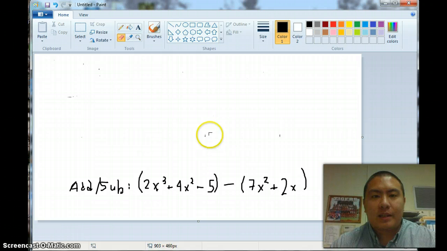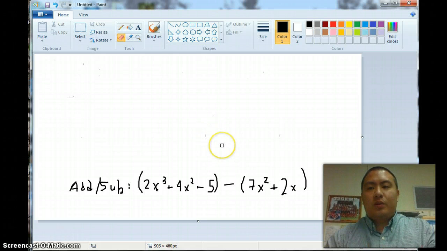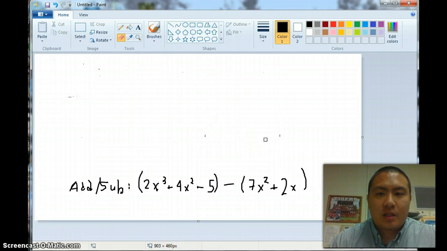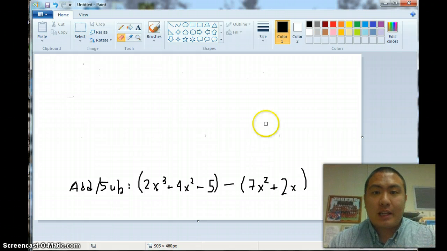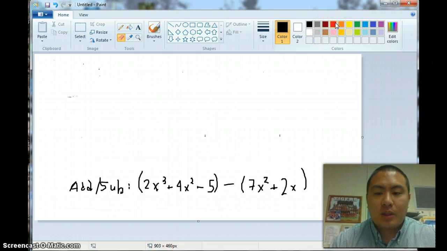Alright, so adding and subtracting are really just similar to how we did multiplication, except now we're just adding and subtracting. So actually, if you're thinking about the previous problems and whether or not I could just distribute, yeah, you're right, we could distribute. So we're going to use distributive the same way in this problem.